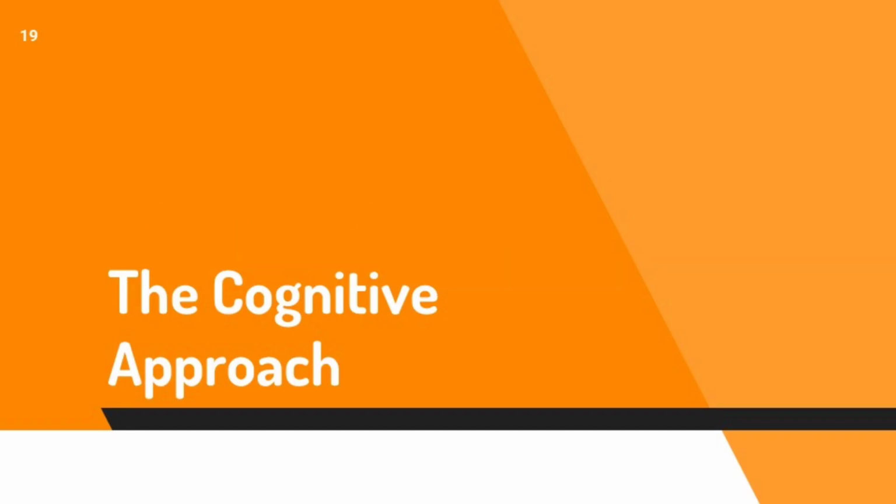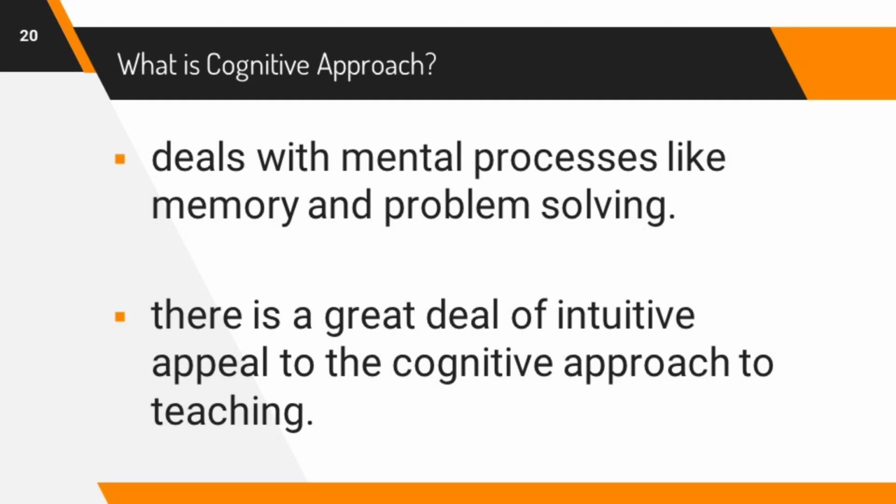The cognitive approach. The cognitive approach deals with mental processes like memory and problem solving. By emphasizing mental processes, it places itself in opposition to behaviorism, which largely ignores mental processes. Yet, in many ways, the development of the cognitive approach in the early decades of the 20th century is intertwined with the behaviorist approach.